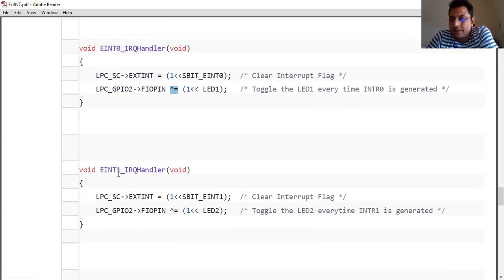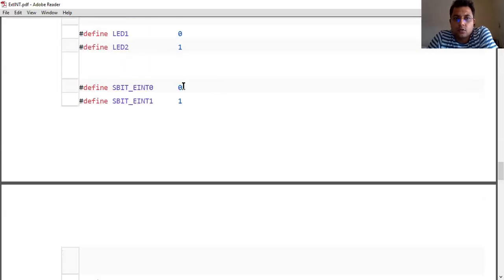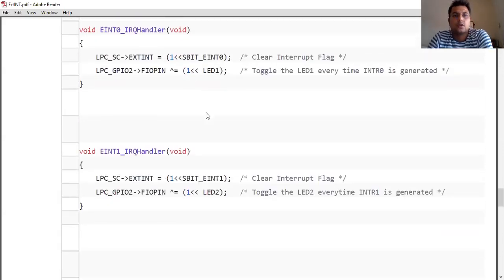Likewise in the interrupt, exactly the same thing we will use for external interrupt. But this time, you can notice 1 is shifted how many times? Because it corresponds to interrupt 0, we're not supposed to left shift it any number of times. So SBIT, this value is 0. Hope you can understand it easily.